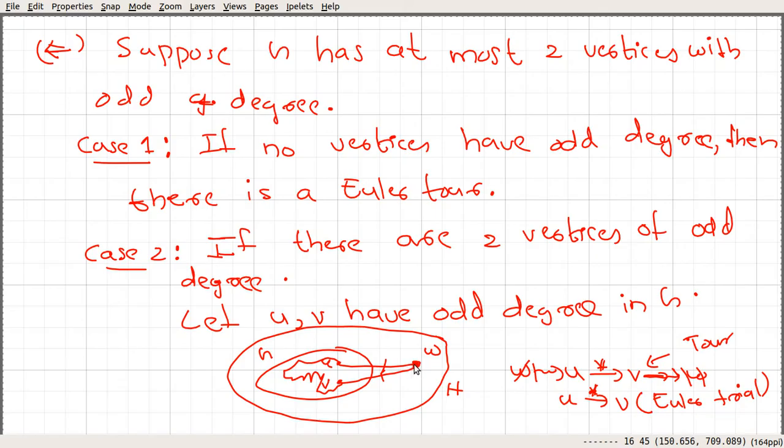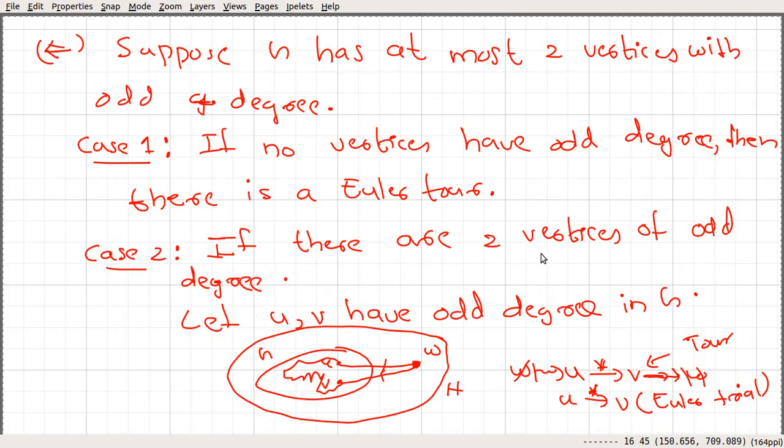This W is connected to U and V, so the degree of W is 2, and previously the degrees of U and V were odd. After introducing these two edges, now the degree of U and the degree of V is even, and all other vertices do have even degree. That's what we started with here.